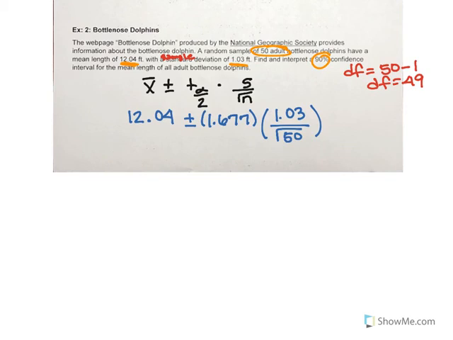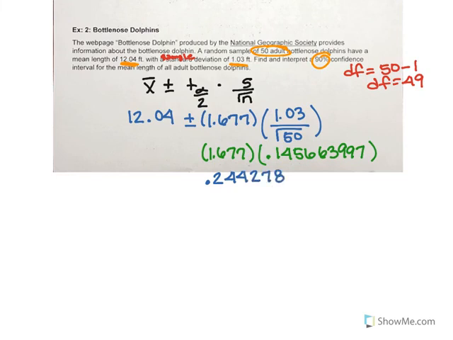So 1.03 divided by the square root of 50 would give 0.145663997 that we're going to multiply 1.677 and that would give us a margin of error of 0.244278523 that we're going to add and subtract from 12.04.